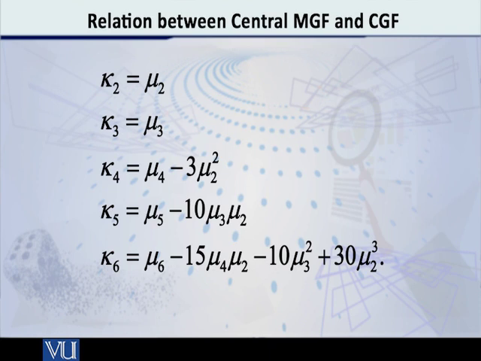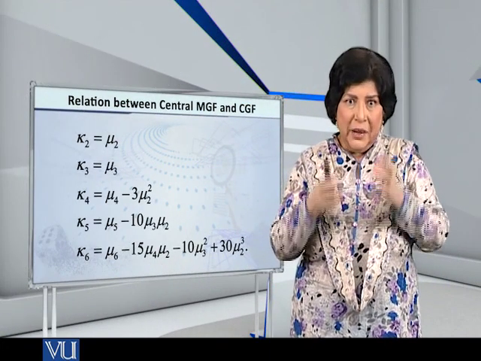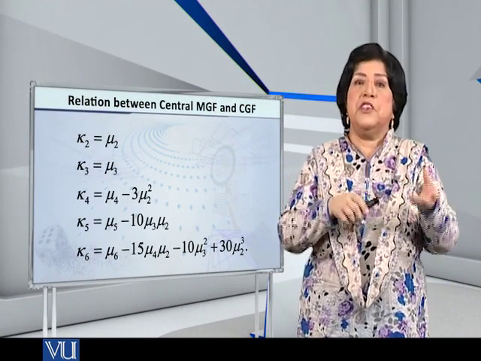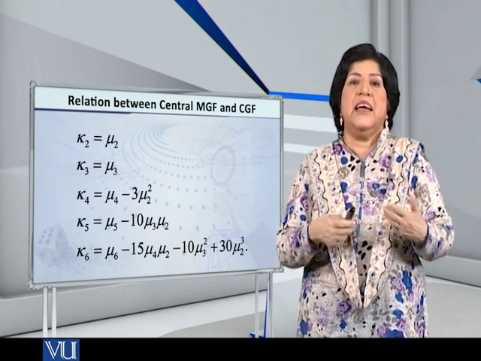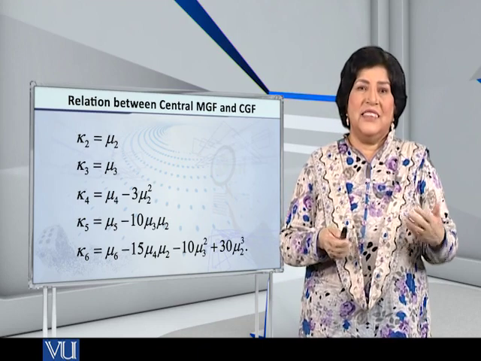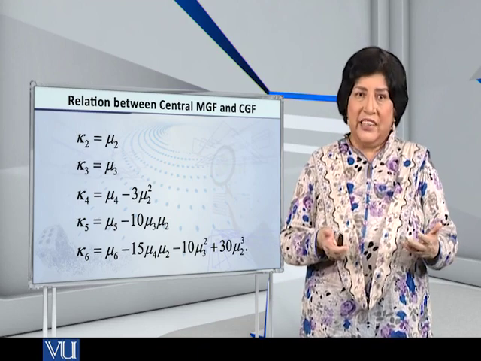So this is how we can see that moments, the central moments are related with the cumulants, and the central moment generating function is related with the cumulant generating function.